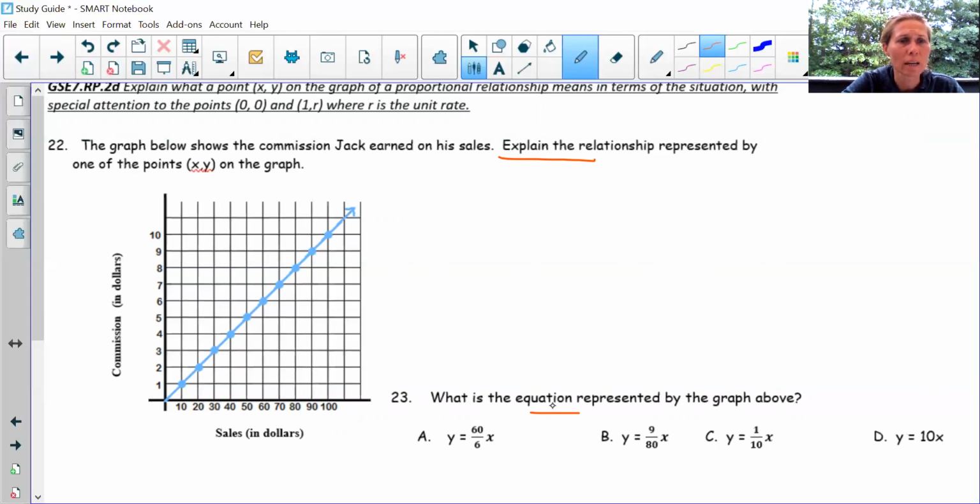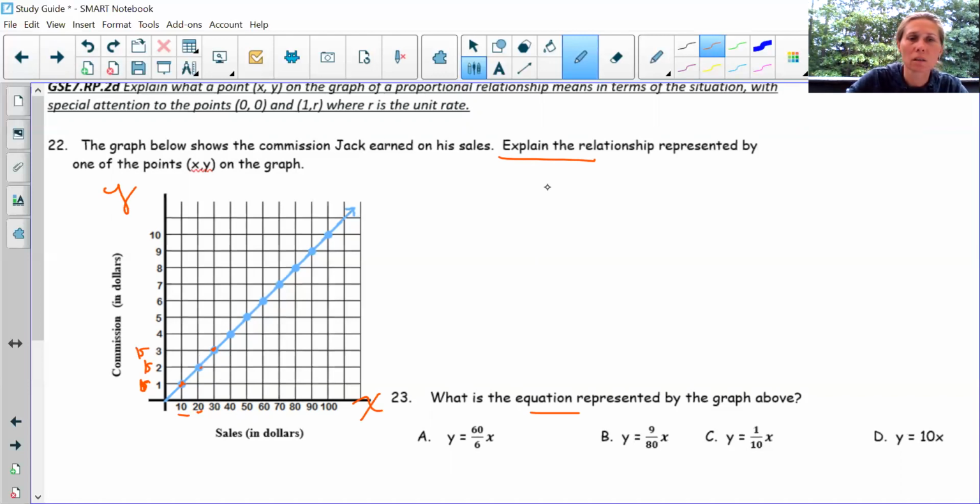But it says Jack had $10 in sales and he earned $1 in commission. If Jack makes $20 in sales, he earns $2 in commission. If Jack makes $30 in sales, he'll earn $3 commission. So every time, this is my X, this is my Y. So what are you going to do?